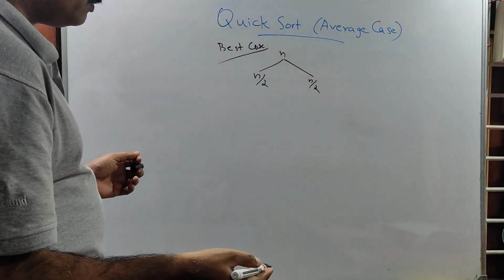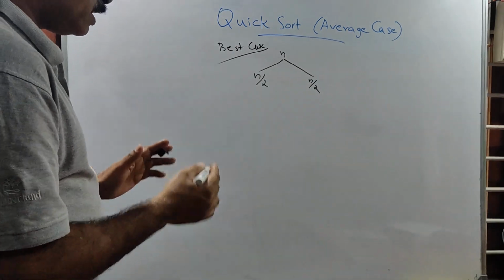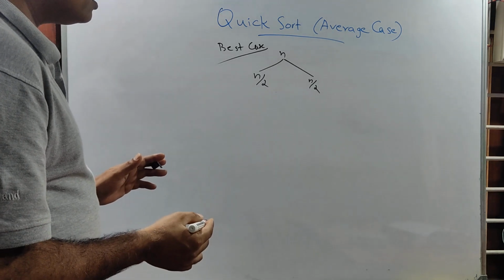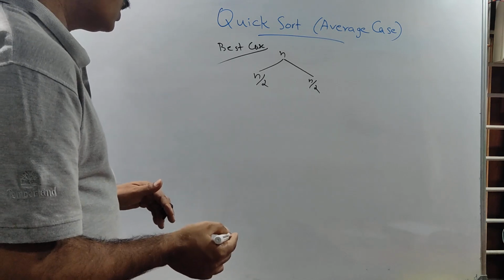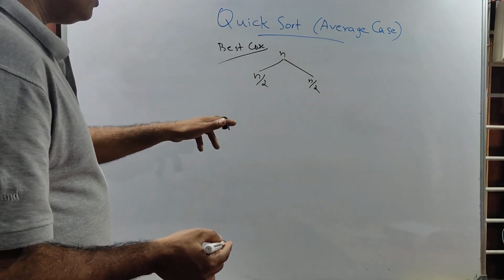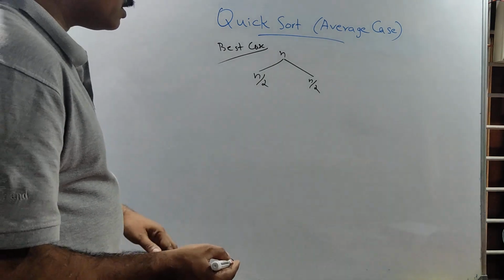We have placed the pivot element in the right place. This was the best case analysis, and we get n log n as the time complexity.